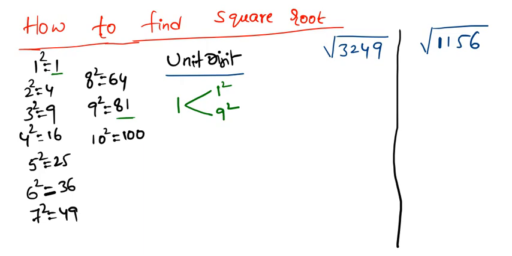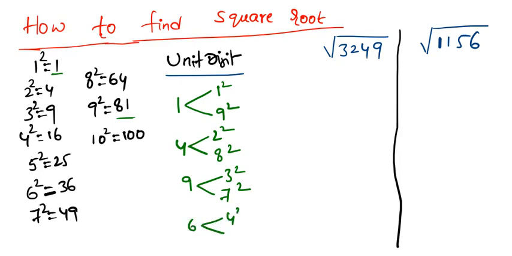As well, a square ending with 4 comes from a number ending with 2 or 8. A square ending with 9 comes from a number ending with 3 or 7. A square ending with 6 comes from a number ending with 4 or 6. A square ending with 5 comes from a number ending with 5. And 0 ends with 0.